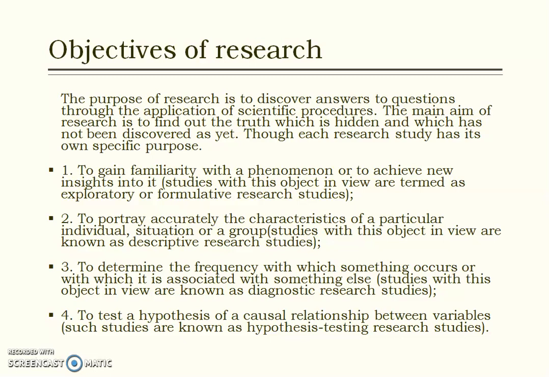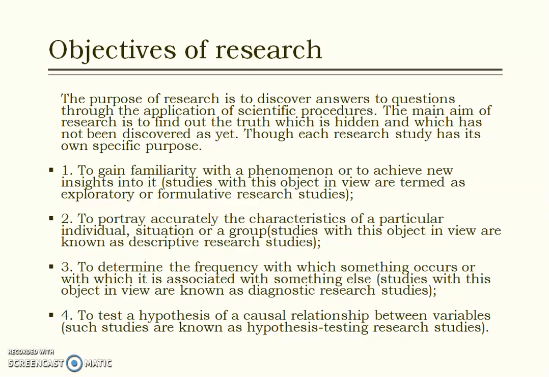All the scientists are working on its symptoms and diagnosis. They are diagnosing the people who are infected with COVID, and they are trying to find a proper vaccine. This is a trial and error method, and it comes more under diagnostic research, and hopefully one day they will find a proper vaccine.